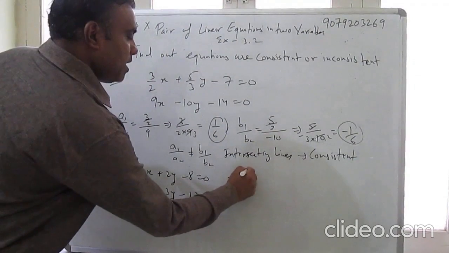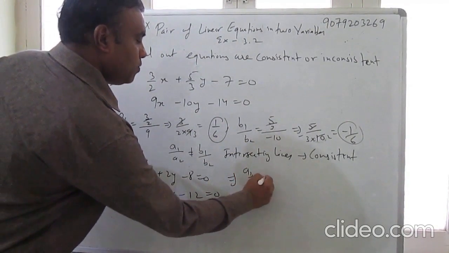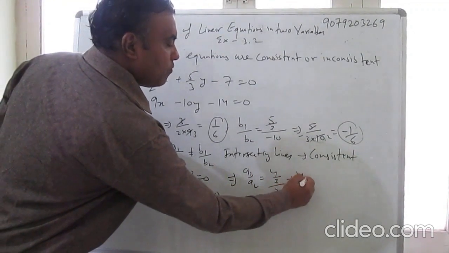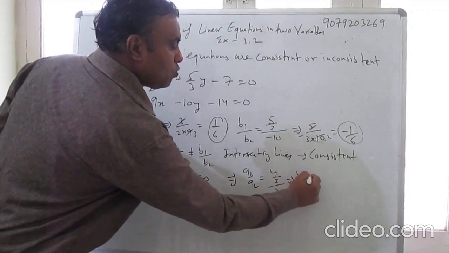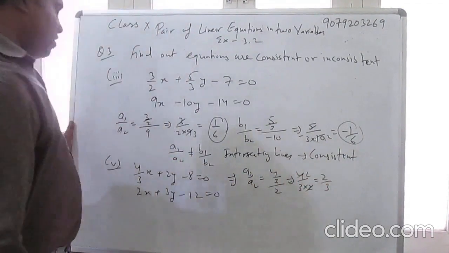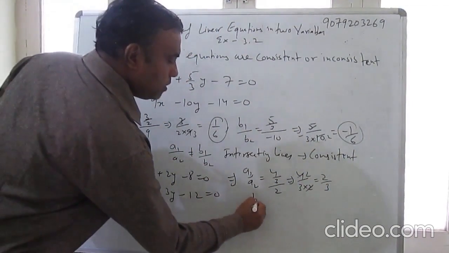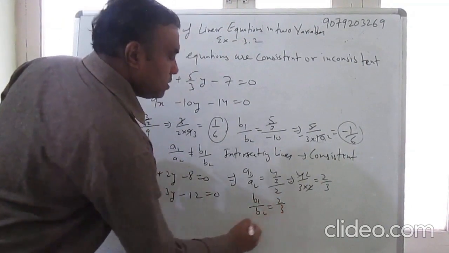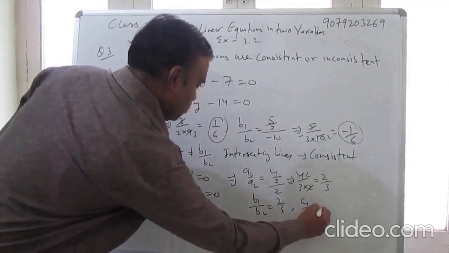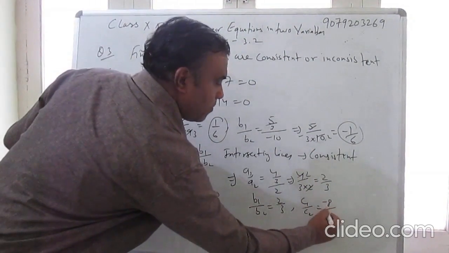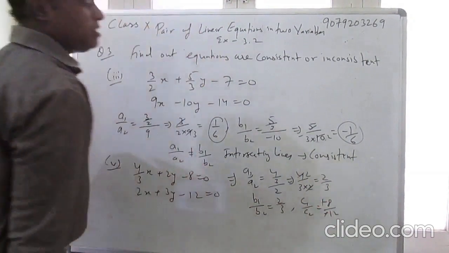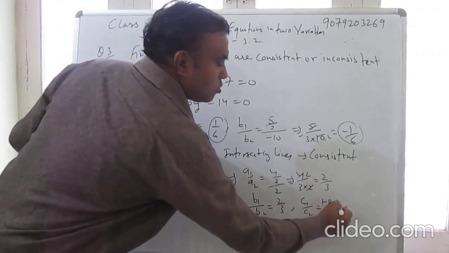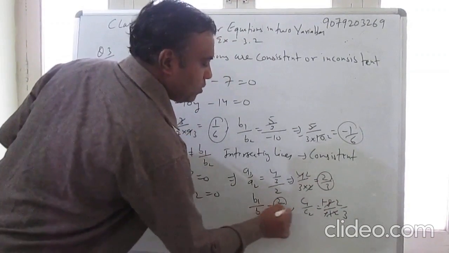So a1 upon a2, 4 upon 3 upon 2, it means 4 upon 3 into 2, cancel, 2 by 3. a1 upon a2 is 2 by 3. b1 upon b2 is also 2 by 3. c1 upon c2 is minus 8 upon minus 12. Minus minus cancel out, cut by 4, 4 2s are 8, 2 by 3. So all are 2 by 3, 2 by 3.